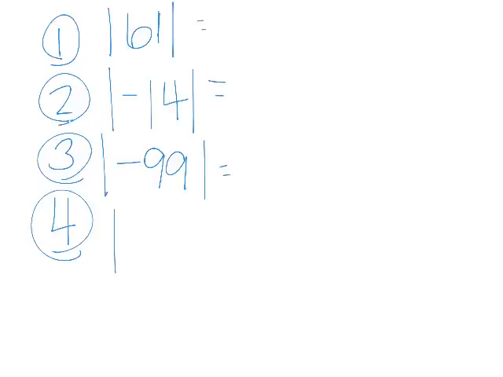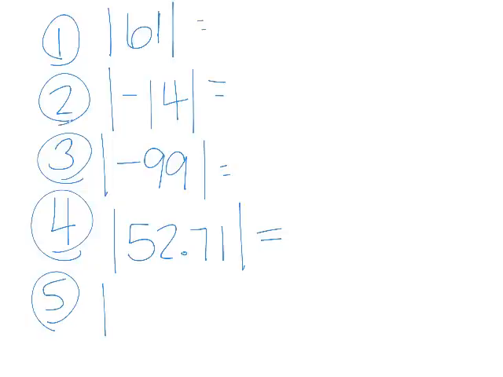And then the absolute value of 52.71. Okay, well, let's do one more. Absolute value of negative 17.93. So give me the absolute value of each of those 5 numbers. You can submit it, please. Don't forget.